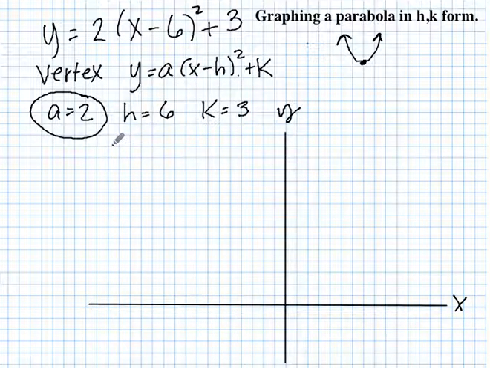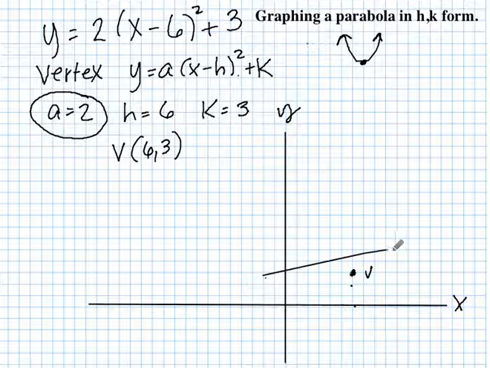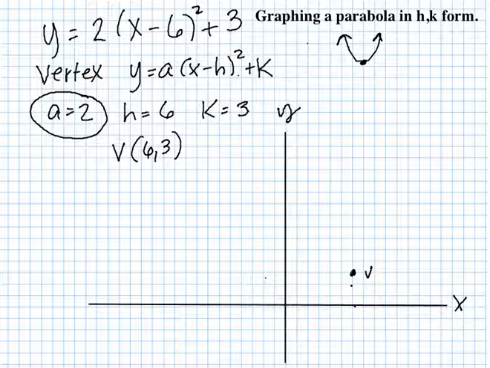I should say the vertex is (6, 3). So that means 1, 2, 3, 4, 5, 6, 1, 2, 3. Here's my vertex. Oftentimes, mathematicians will put a V next to it to indicate the vertex. And if they're really good, they'll even put the vertex in ordered pairs right next to it.